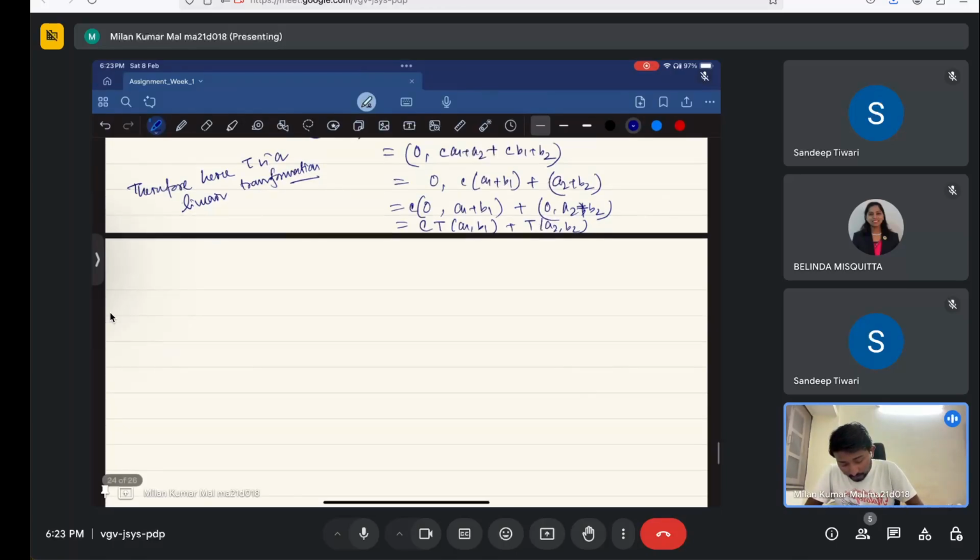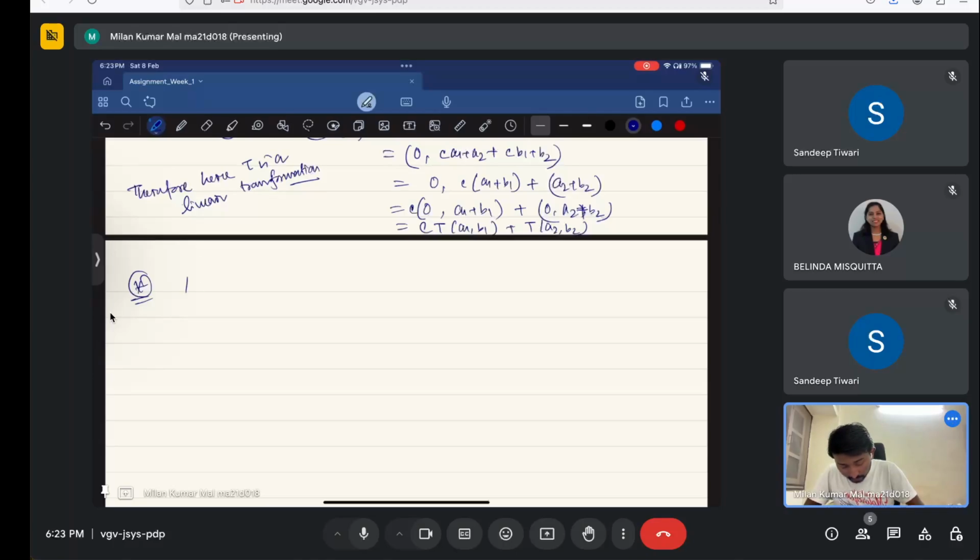Now, the range of a linear transformation T: from now on we will always fix that T is a linear operator from a vector space V to W, both defined on a scalar field.